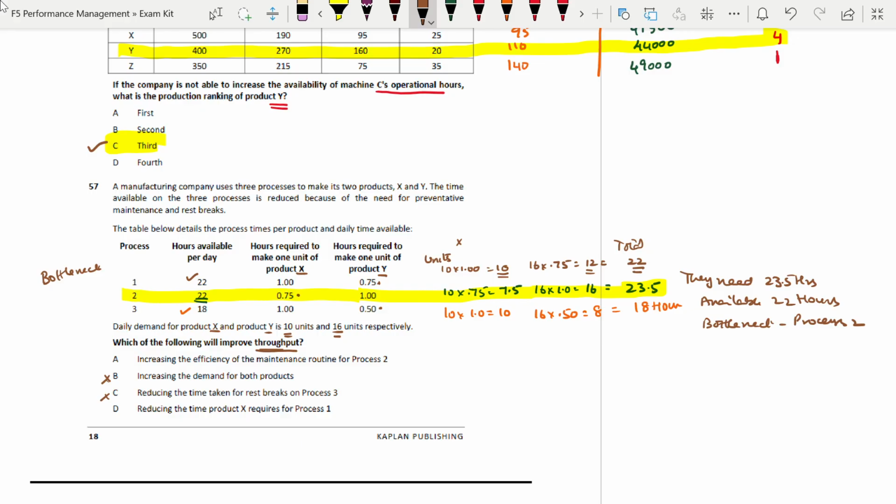Increase the efficiency of maintenance routine. If you are increasing the maintenance efficiency, what will happen? Definitely it will make it more productive. Is it right?